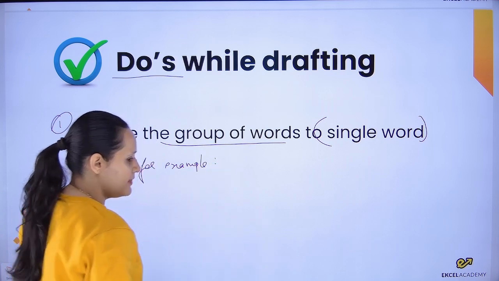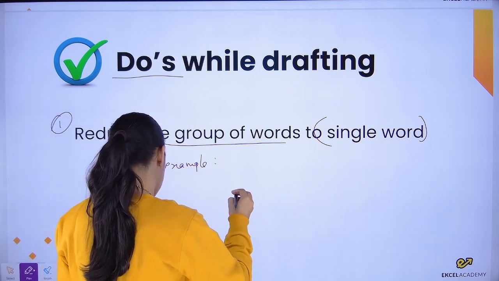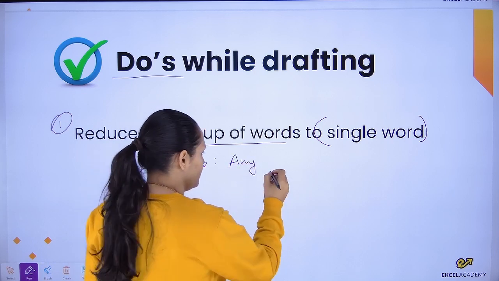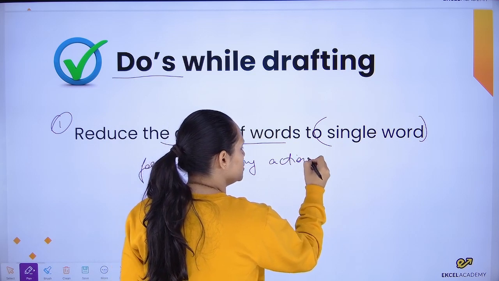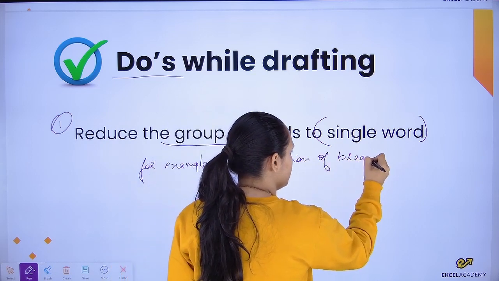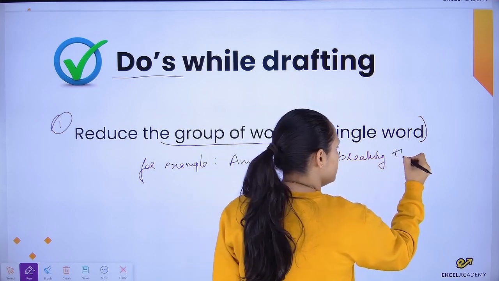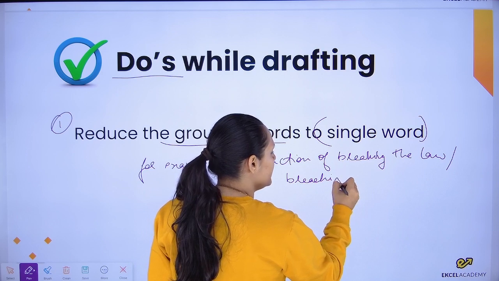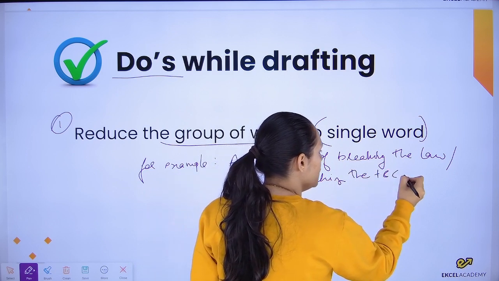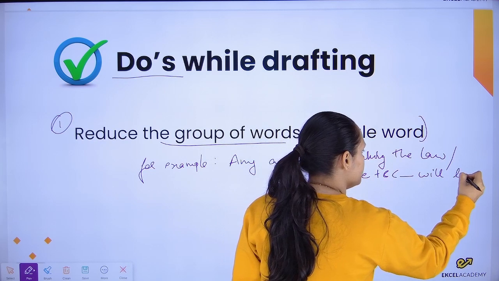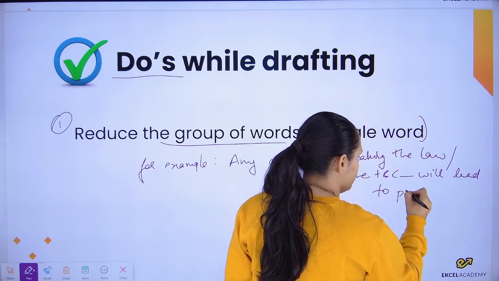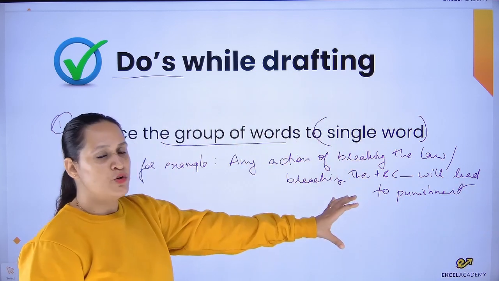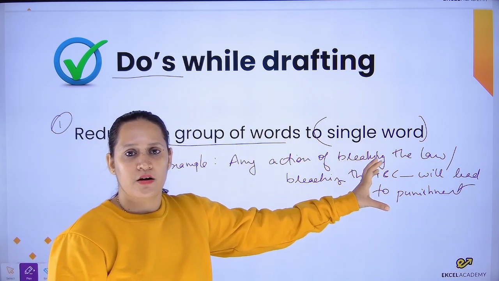If we have to say that any action of breaking the law or breaching the terms of contract or breaching the terms and conditions will lead to punishment. This is such a long sentence. Group of words are used to communicate a particular meaning.